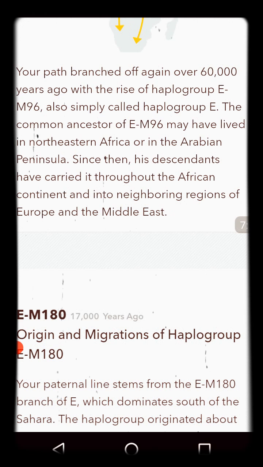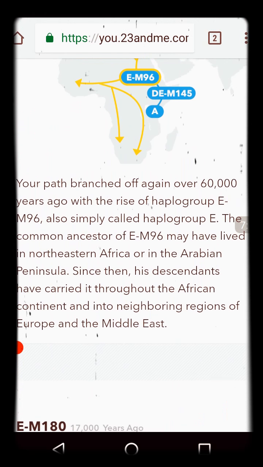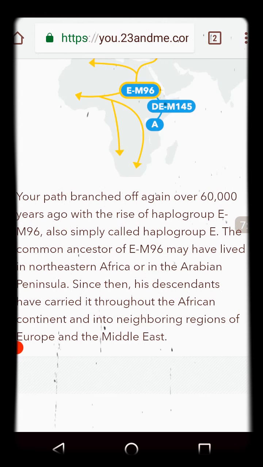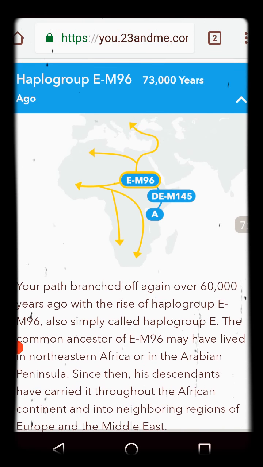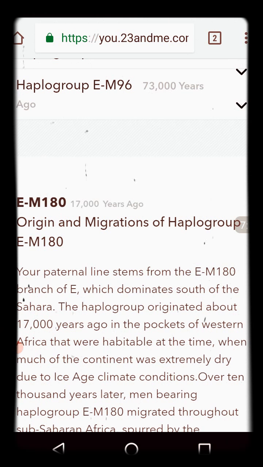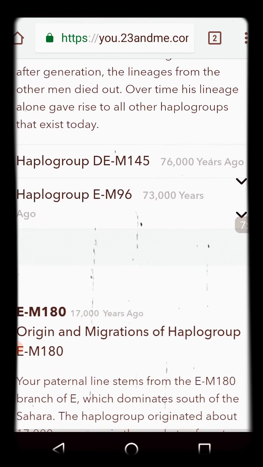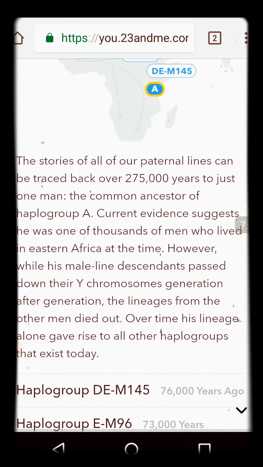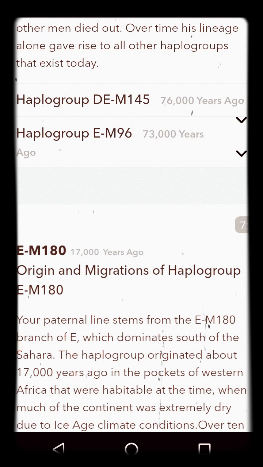Well, that's only about a 5,000 year difference from when they said that we separated from our other brothers, haplogroup D. D and E were together at first, and they said we branched off from each other, I think 65,000 years ago. Let's take a look real quick.